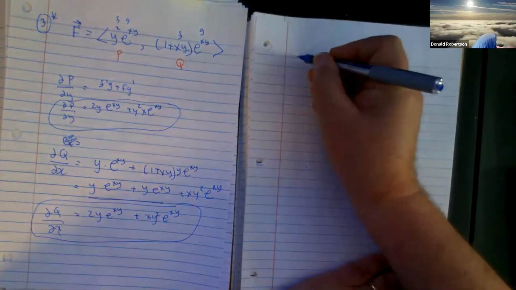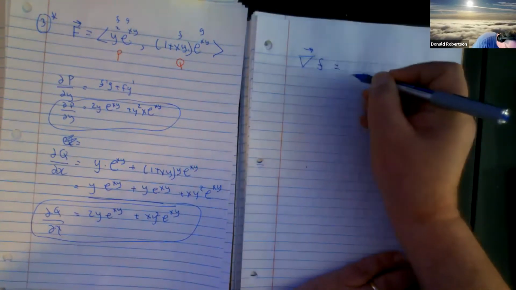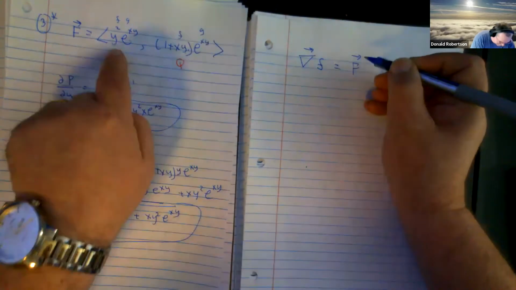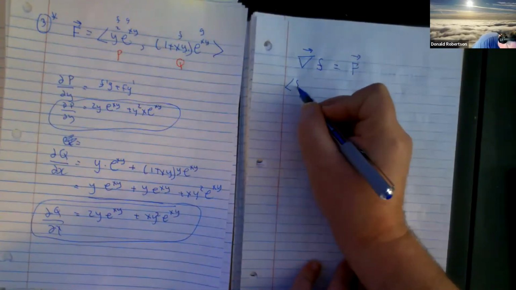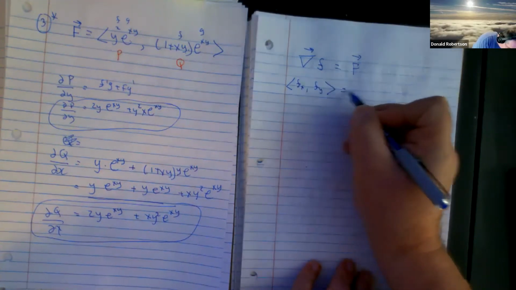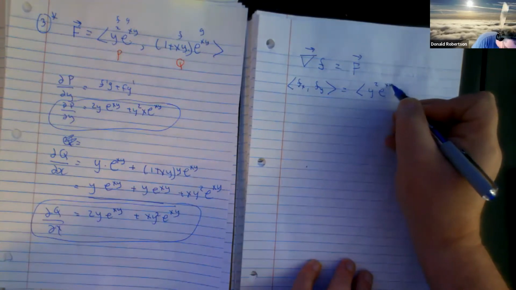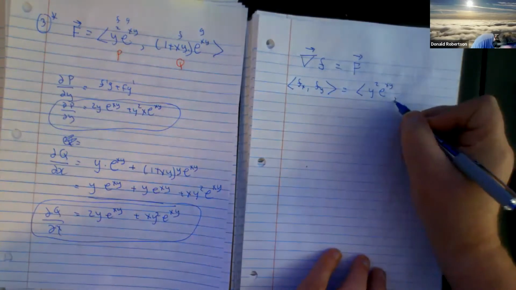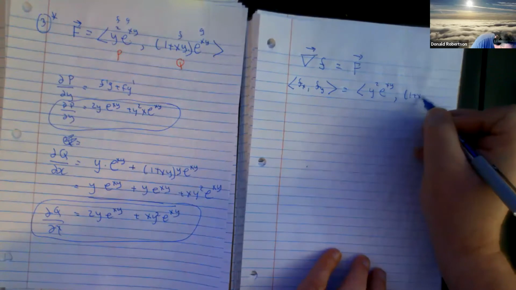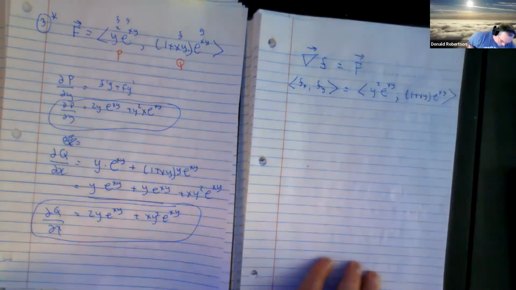Now we are trying to find a function, little f, that has the property that its gradient is equal to this guy. So the partial derivative with respect to x and with respect to y is going to be that guy, and that guy.